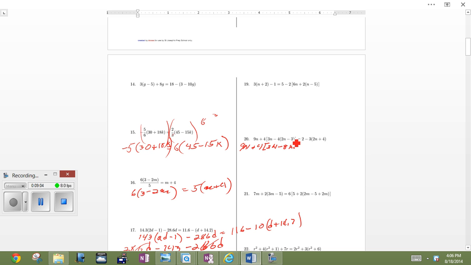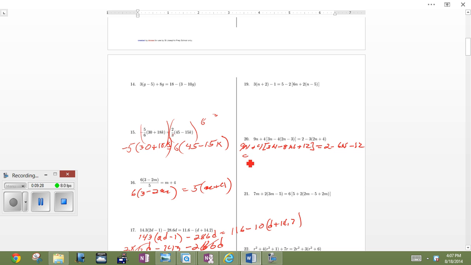And then minus times a minus is a positive, and then it would be 4 times negative 3, so it would be positive 12 equals 2. Now I'll distribute that negative 3, which would be minus 6n minus 12, yes?